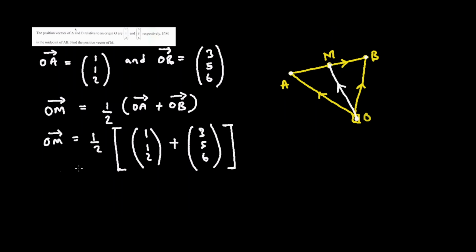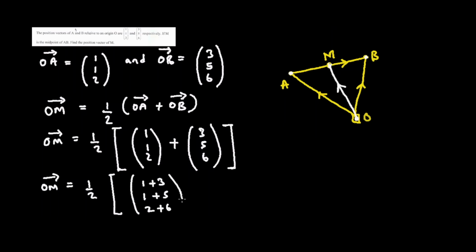So I should know correspondence. OM is now equal to half of (1 plus 3, 1 plus 5, 2 plus 6), which is equal to half of (1 plus 3 is 4, 1 plus 5 is 6, 2 plus 6 is 8).